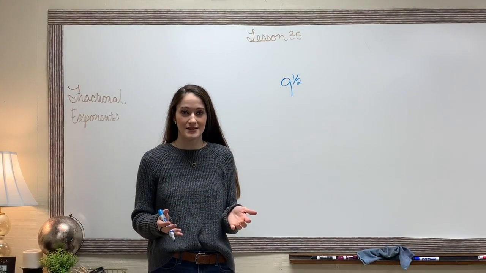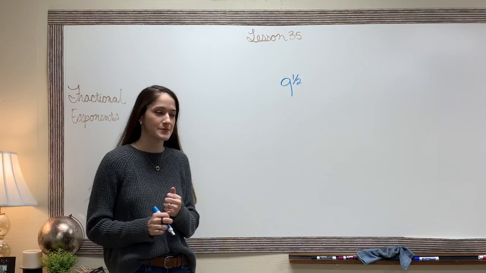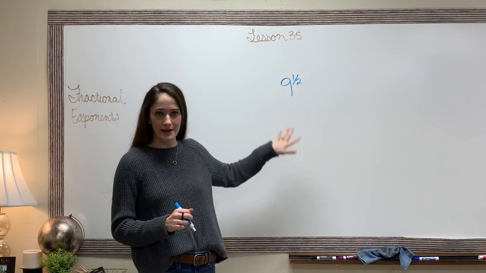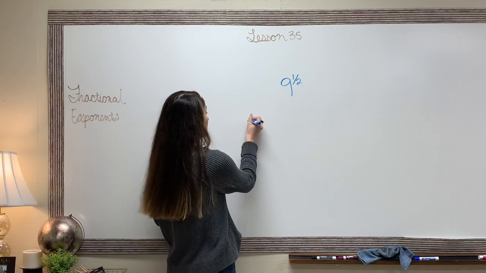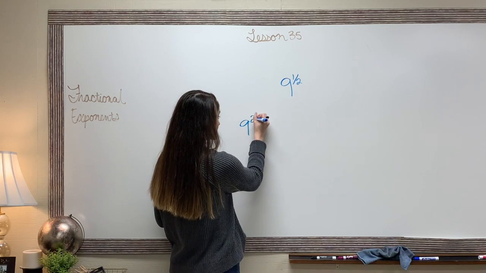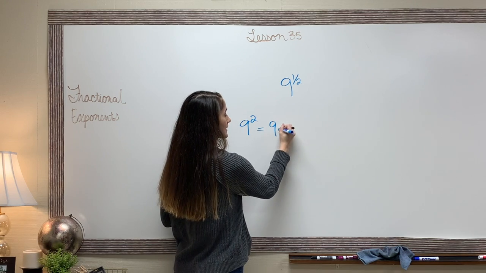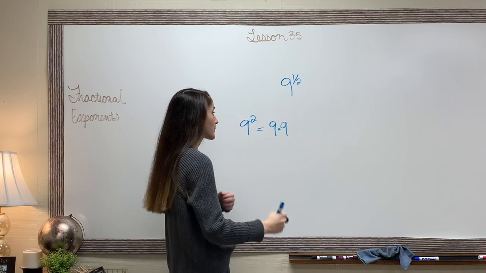The last concept in this lesson is dealing with fractional exponents. Something like 9 to the 1/2. So before I get into that, I want to recap what we already know. If we had 9 to the second power, that would mean 9 times itself, which we already know how to do.